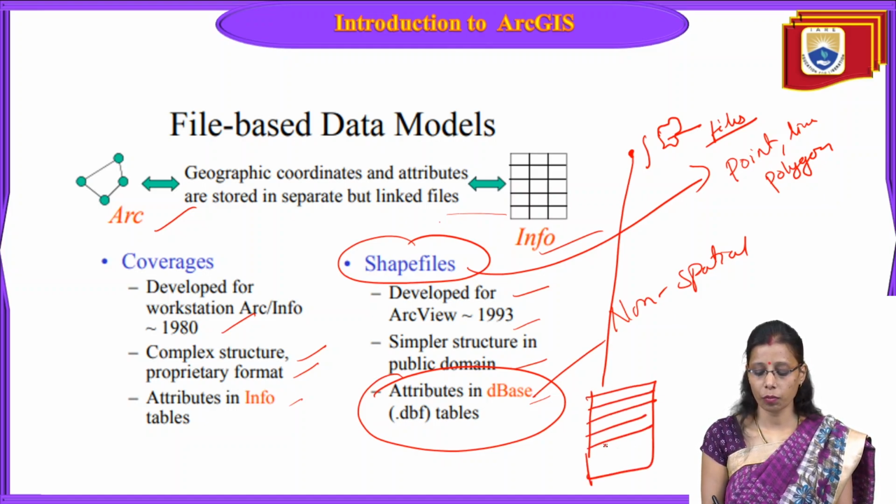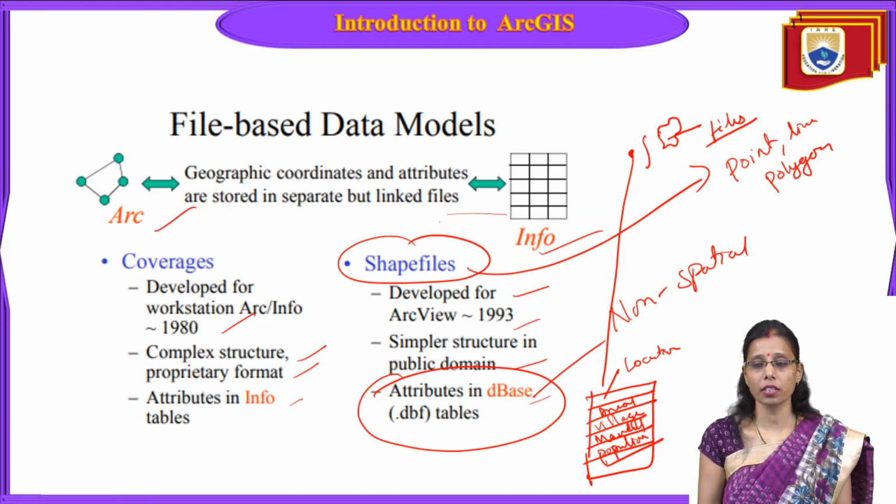So one single shape can store a lot of information, as I showed in the previous lecture, like location, area, village, mandal, and population. All this information can be stored with a single shape. That's why we call it a shapefile. So shapefiles are about point, line, and polygon, which is done in the ArcInfo or ArcGIS software.